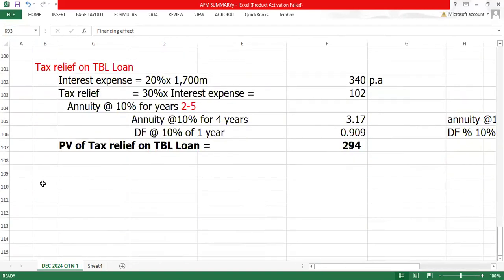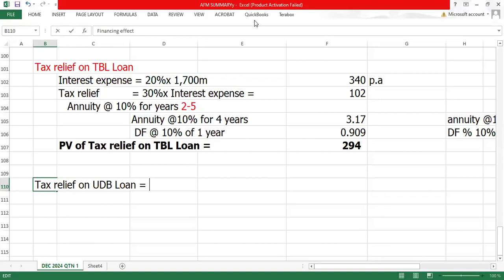So the tax relief on the UDB, Uganda Development Bank loan. Now, I don't want to waste time in an exam. So what I will do immediately, I know that I will need to get the interest rate.